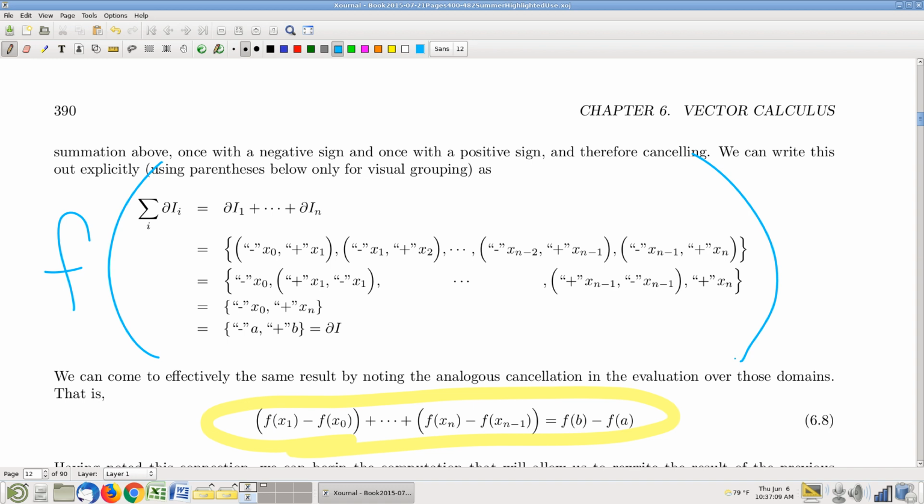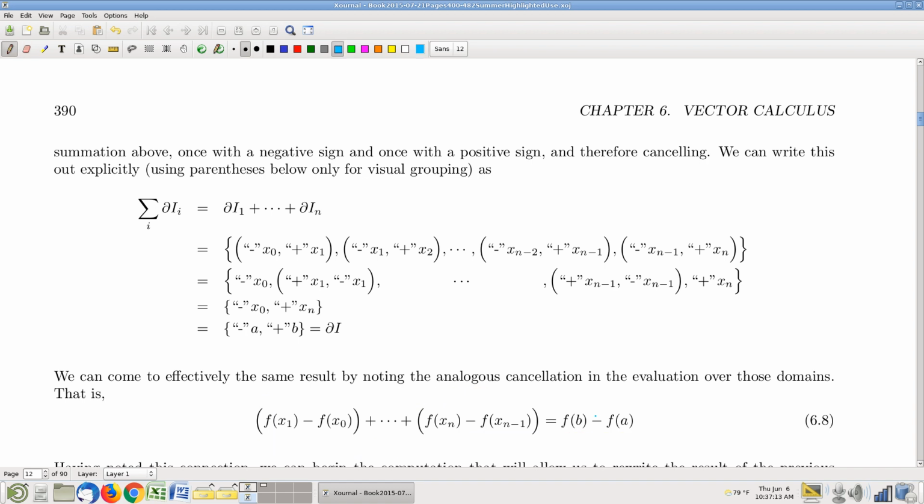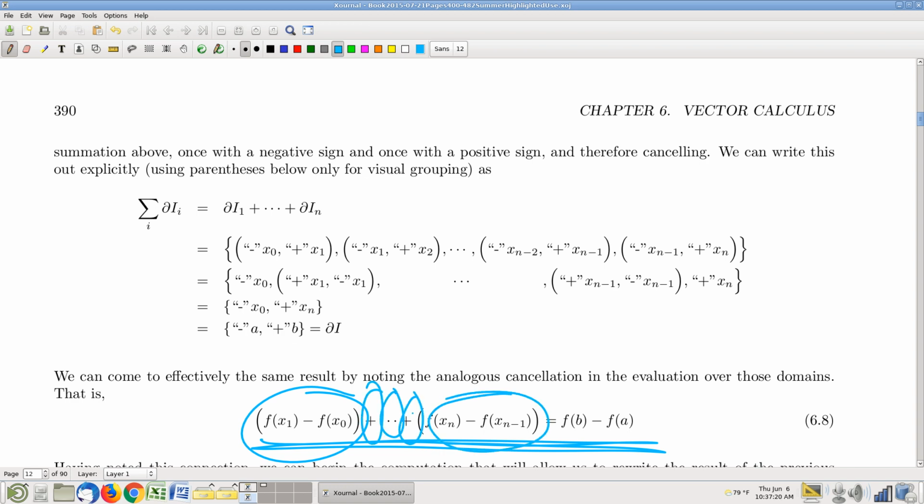The way you may have seen this in a Calc 1 class is that f of b minus f of a is what you get when you take all of these pieces and add them up, because there's cancellations. That cancels with the next term. There's more cancellation in the middle. Oh, I didn't leave myself enough room here, did I? But that cancels with something else, and you're left with just f of x1.